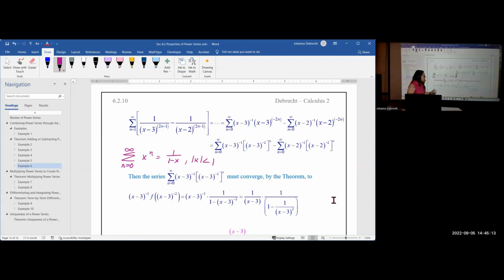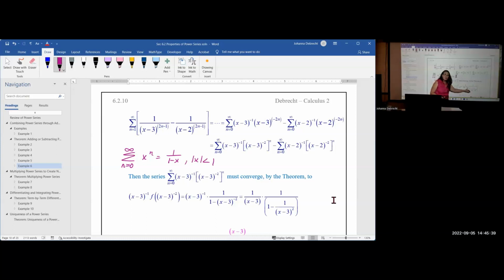So it must converge, and it must converge to x minus 3 to the negative 1 times the function with x minus 3 to the negative 2 in place of x. So we rewrite this. This is x minus 3 to the negative 1 times 1 over 1 minus what replaces x. Now we can rewrite it without negative exponents, and we get this expression here.